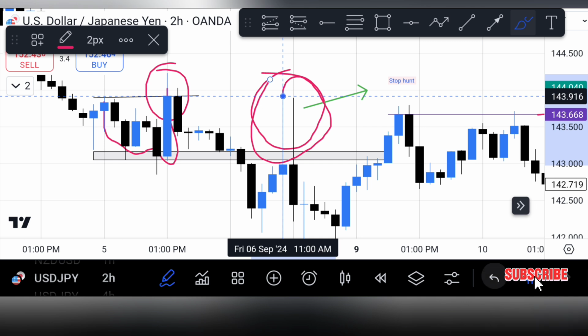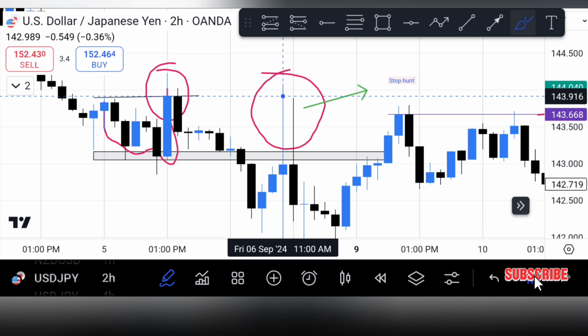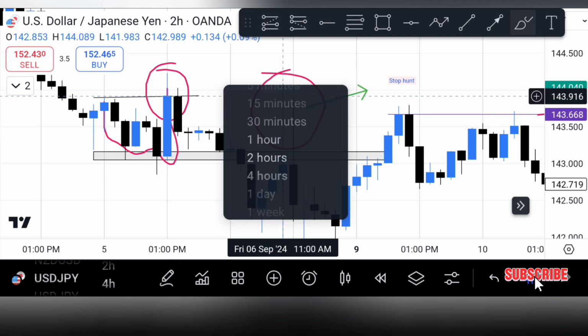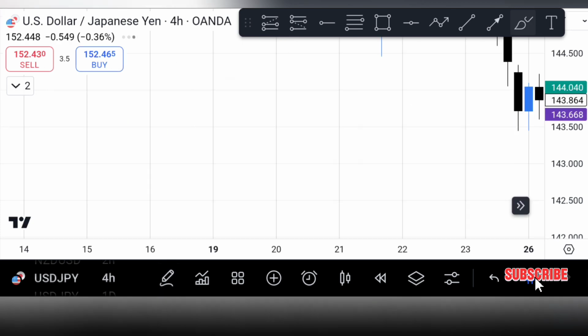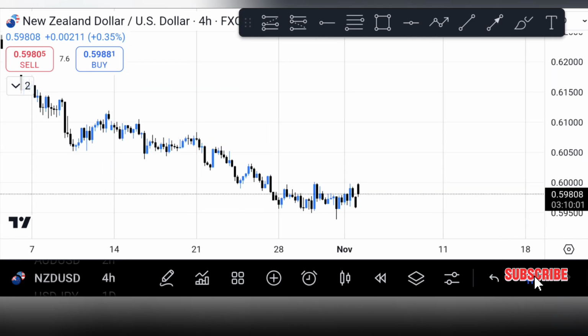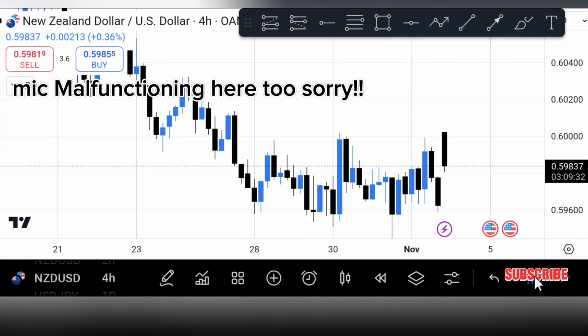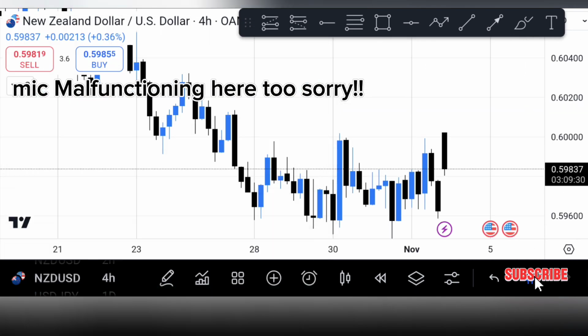So that is how to identify stop hands in a market. Most of the time, the wick that goes through the zone or on the trend line is what we call stop hands. Okay, so we are on the NZD USD pair, and I'm going to show you a stop hand in a market, all right?